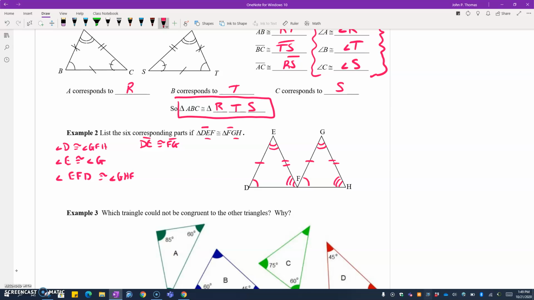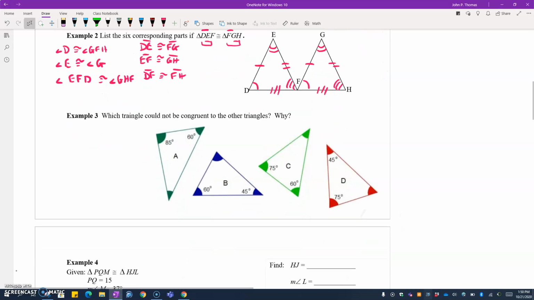EF and GH are congruent, the second two of each. And then I have a pair from the first and the last: DF is congruent to FH. That takes us through the 6 congruence statements associated with those two triangles.